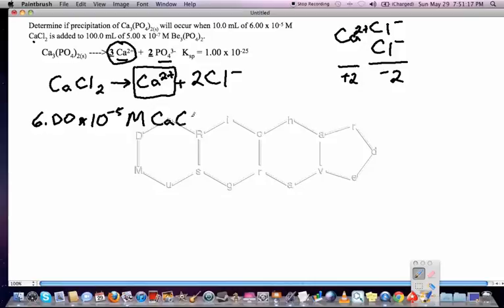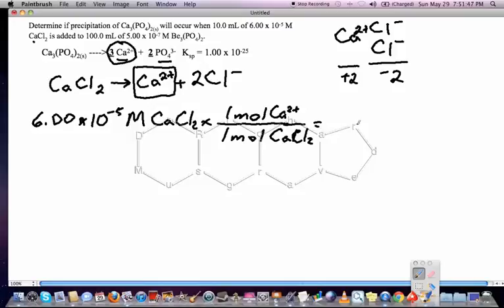Alright, so that's our concentration of CaCl2. And as we've already established, we'll get 1 mole of calcium 2+ for every 1 mole of CaCl2. And that's from the reaction here. It's a 1-to-1 reaction.